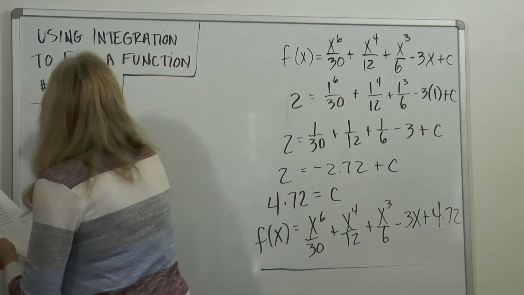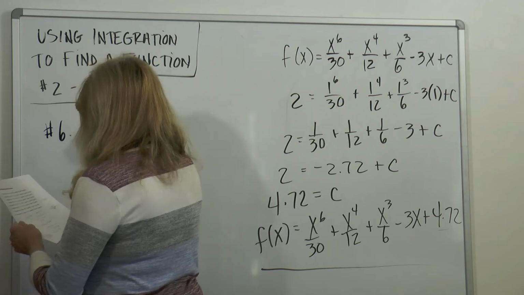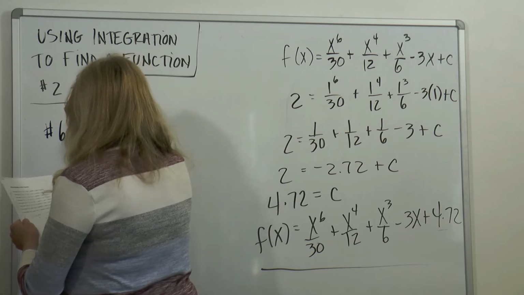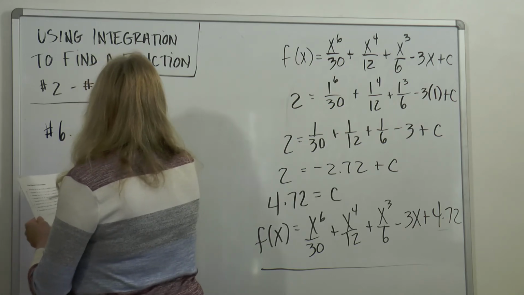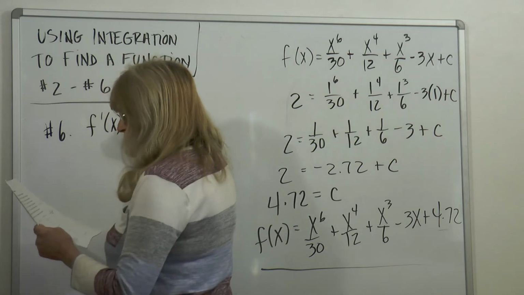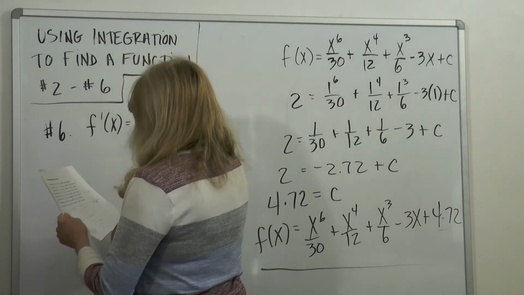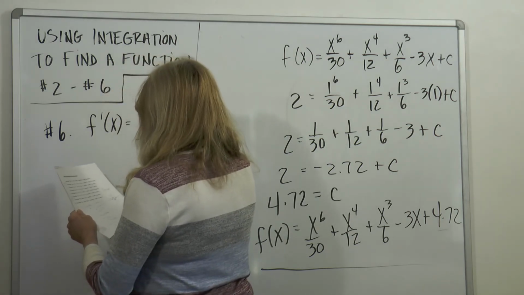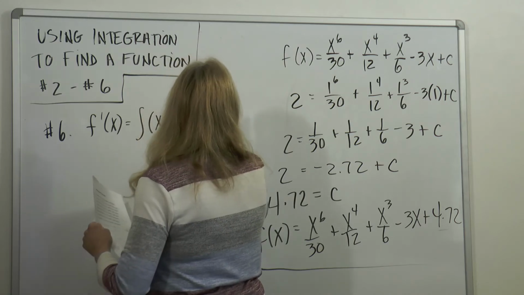All right, last one from this set of problems. So f prime is going to be the integral of f double prime. So that's the integral of x to the 4th plus x squared dx.